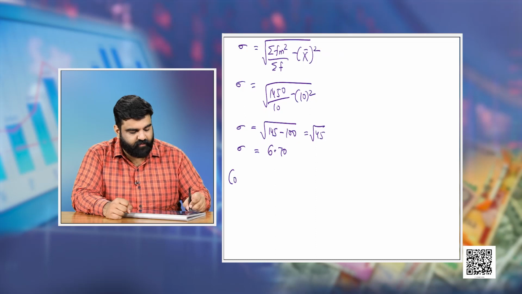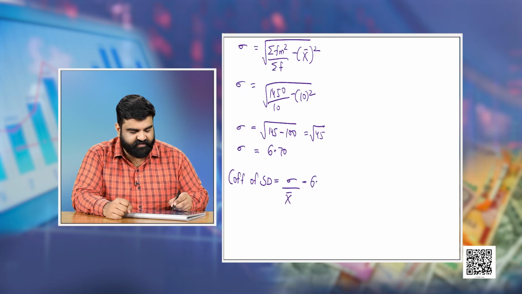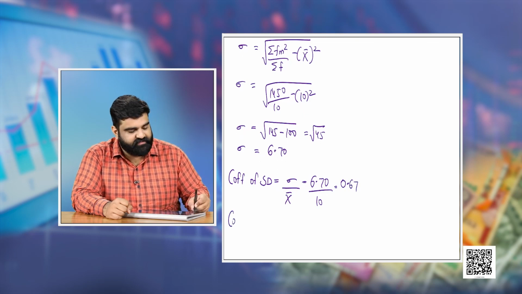Let us also calculate the coefficient of standard deviation. So, the formula for this is standard deviation upon mean. So, we have 6.70 as a standard deviation, we have mean as 10, this will give me the answer as 0.67. Now, let us also calculate the coefficient of variation.